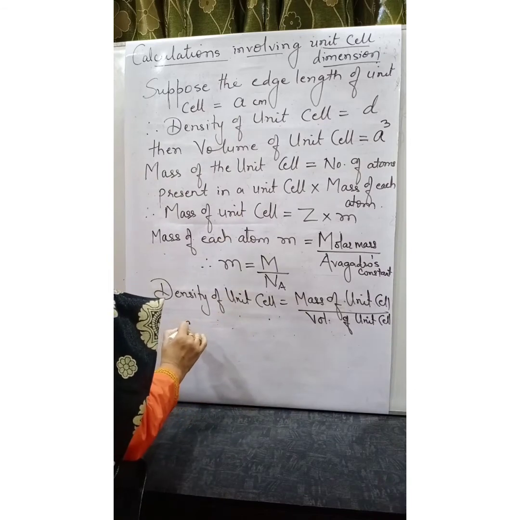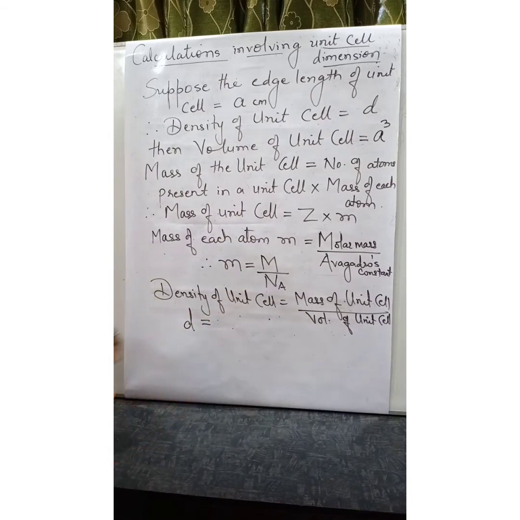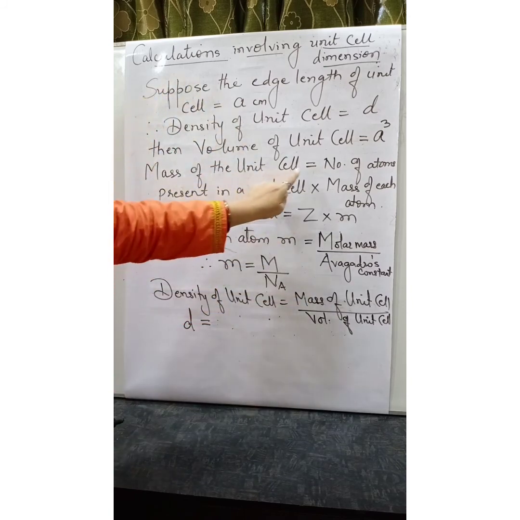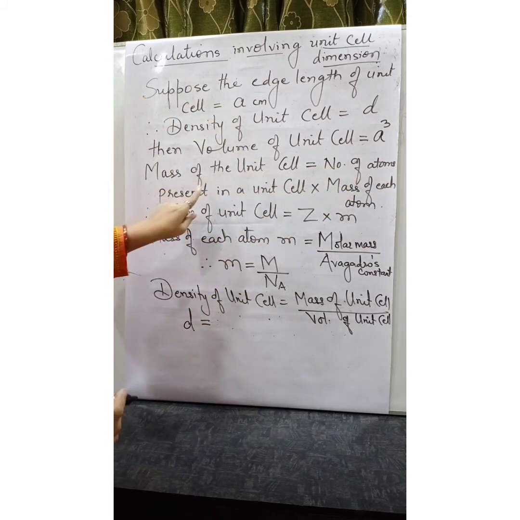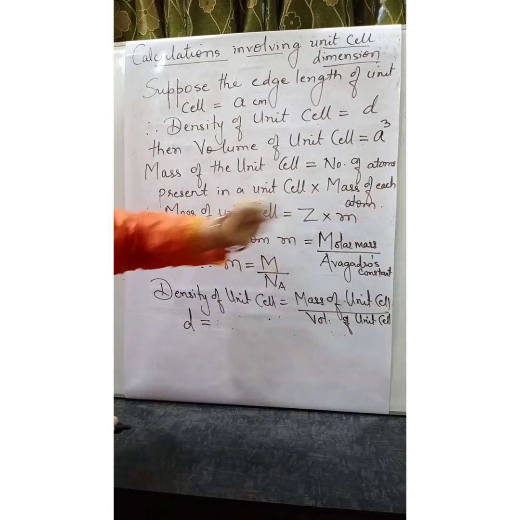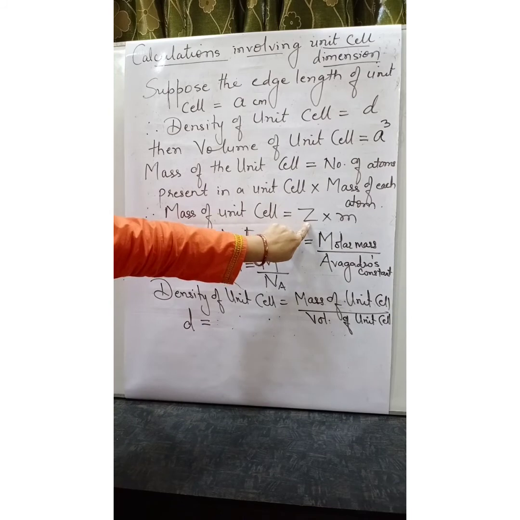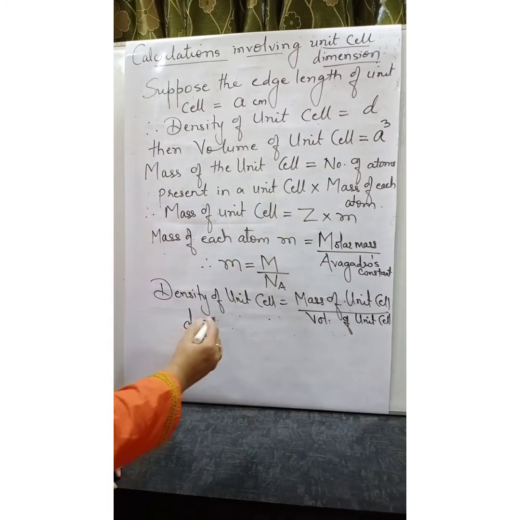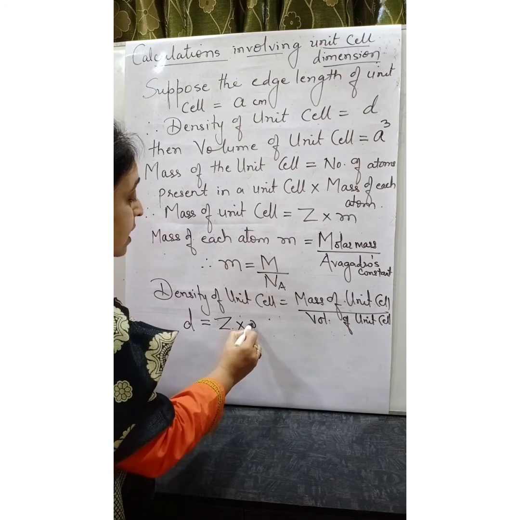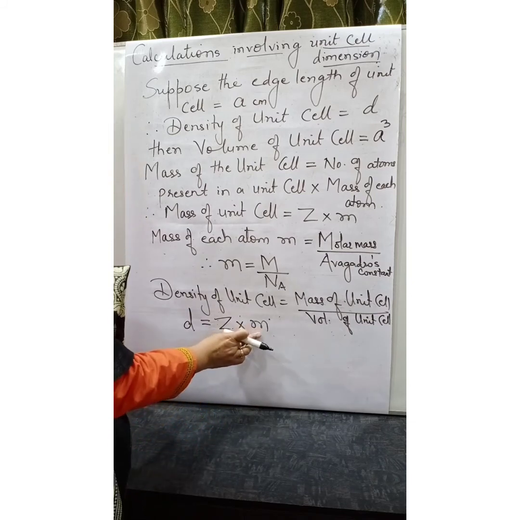So density D is equal to mass of unit cell. What is the mass of unit cell? Number of atoms present in a unit cell multiplied by mass of each atom, which is given as Z into small m. So I am putting Z into small m. Now what is this small m?